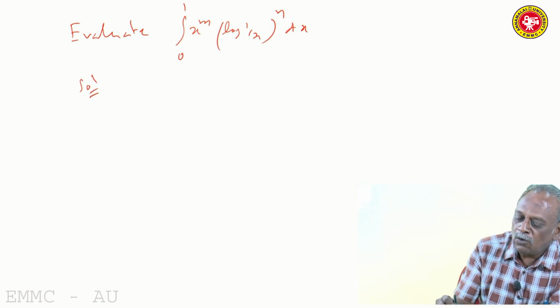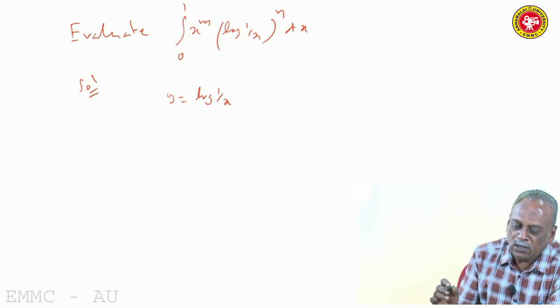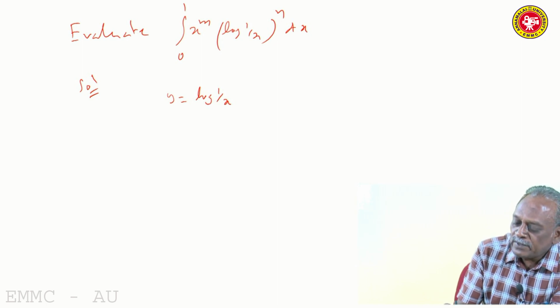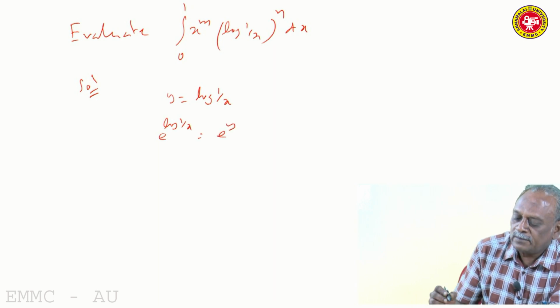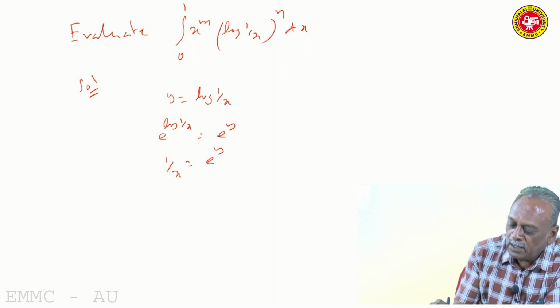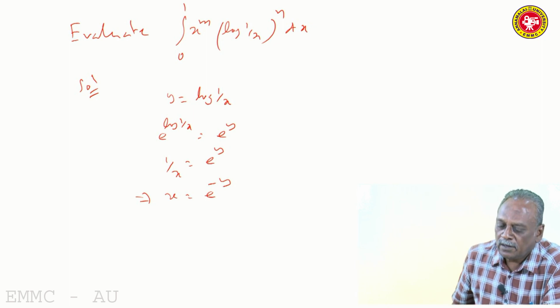I am taking y equal to log 1 by x. Taking the exponential on both sides, e power log 1 by x equal to e power y. We know that e power log x equal to x, which implies 1 by x equal to e power y, which implies x equal to e power minus y.